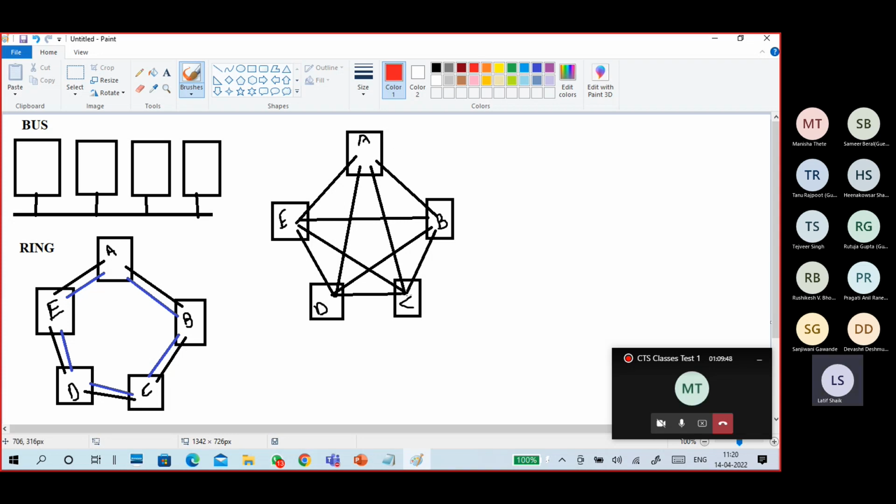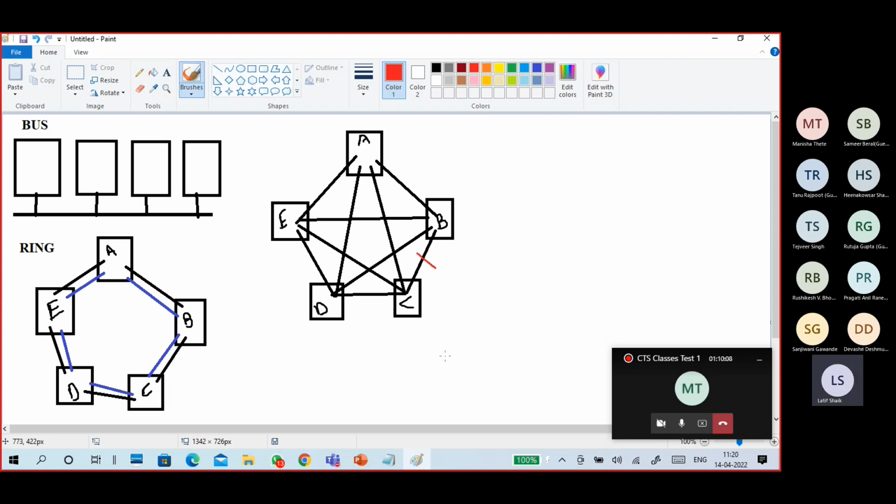For example, if a device is down, no problem, all other devices can still communicate. So no dependency. Or if a wire is broken, no problem, one way or another, people will communicate with each other.